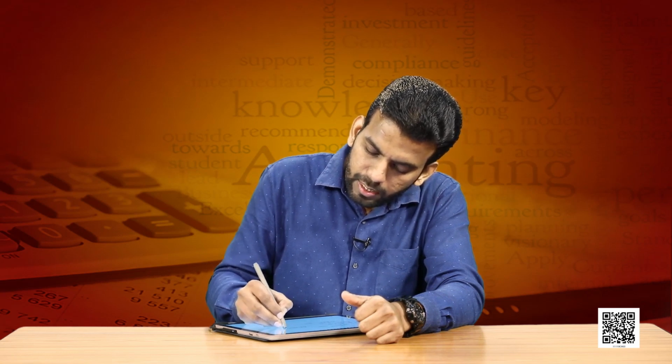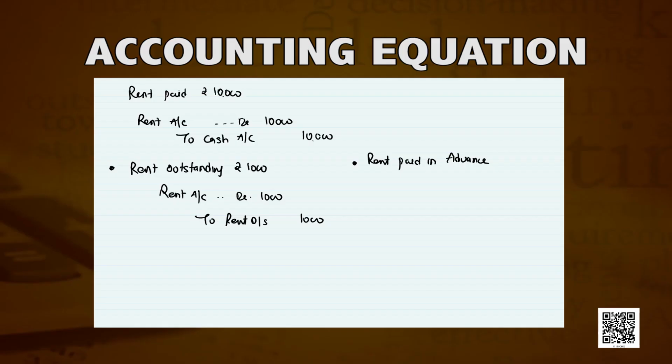And the second case, sometimes we pay rent or any other expense in advance. That means we have paid the rent, salary, commission, interest, any kind of expense in advance. It hasn't fallen due yet, but we have paid for it. So one thing is very sure, that we have paid, that means cash has gone.